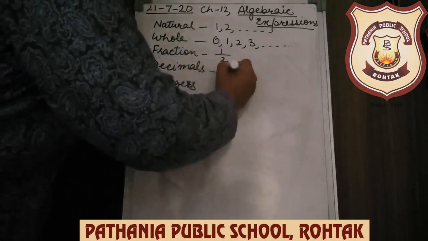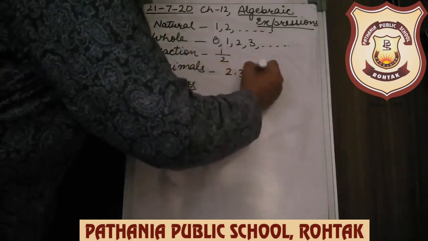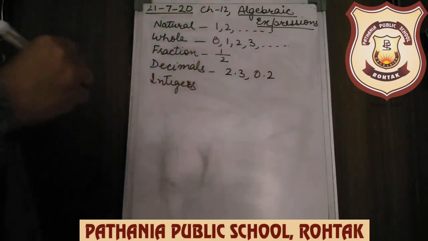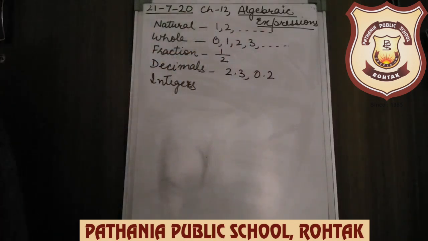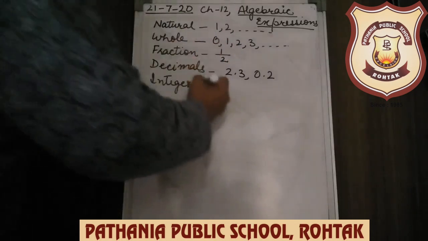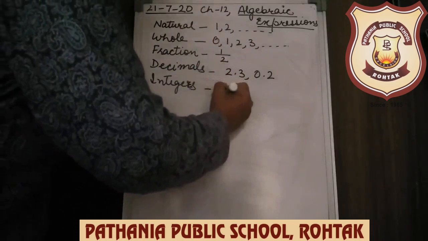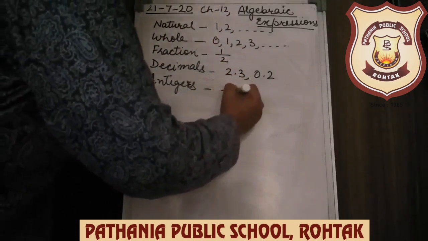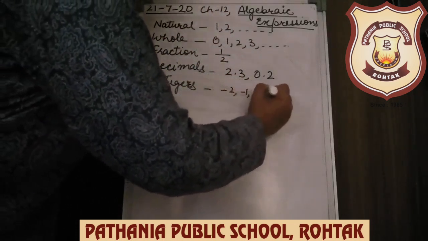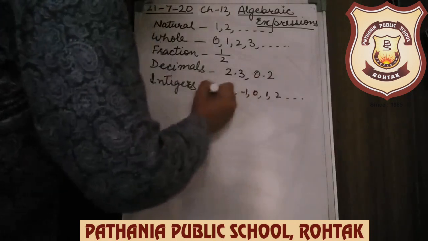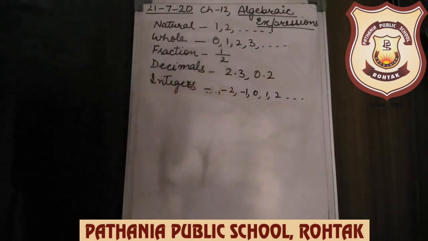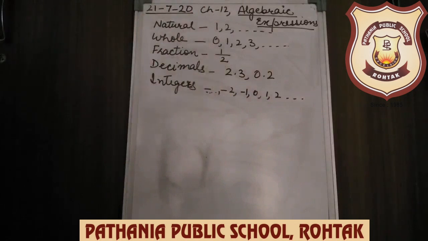Decimal numbers, these are the numbers in which the denominator is always 10, multiples of 10. Integers are the collection of whole numbers and the negatives. So these are the integers. So these numbers you have studied.